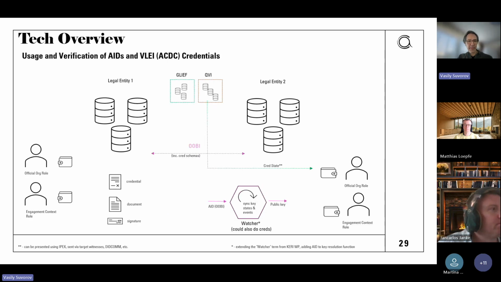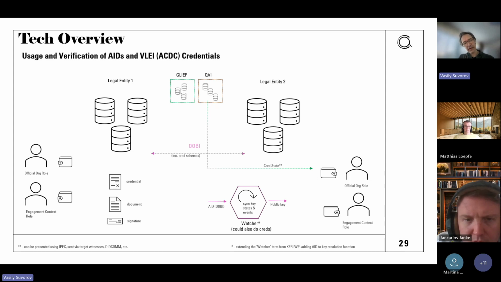And generally speaking, now we have the credentials, we know what they can do. How do I use that? So basically, you have two legal entities. They start accepting each other's credentials. Actually, okay, if you're just receiving a credential, you don't need your witnesses, right? However, if you are participating with your credentials in your AIDs, you also need to have the witnesses. And basically what you need to do is this out-of-band introduction procedure.